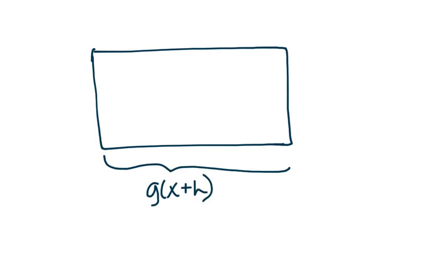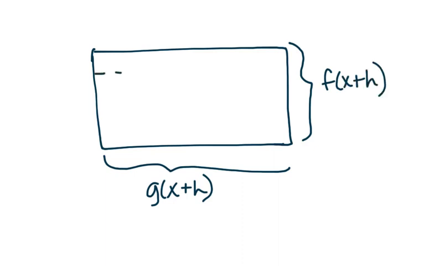We'll call the width g of x plus h, and we'll call the entire height of this big rectangle f of x plus h. Their product is the area of this rectangle.